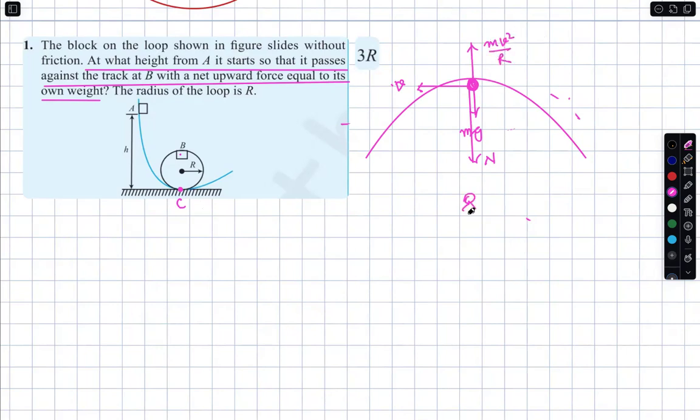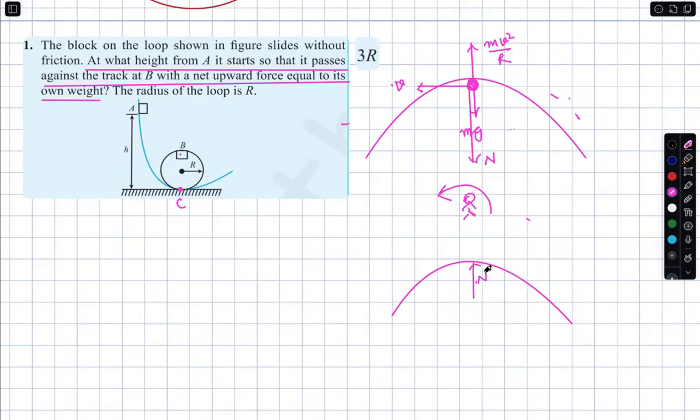This is in a rotating frame. So on the track, N is the only upward force. That's all. On the track, at what height from A it starts, please try to understand. At the track at B with a net upward force equal to its own weight.